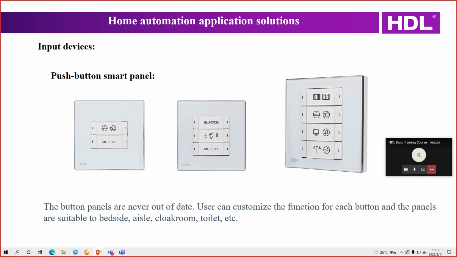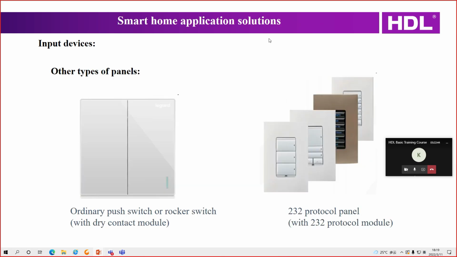Users can customize the function for each button, and the panels are suitable for bedside, toilet, and etc. And we have other types of panels like this ordinary push switch or rocker switch with dry contact module, and these panels are called 232 protocol panel with 232 protocol module.